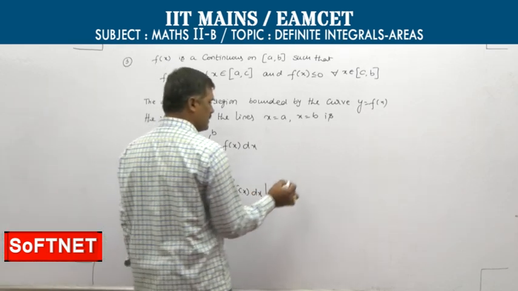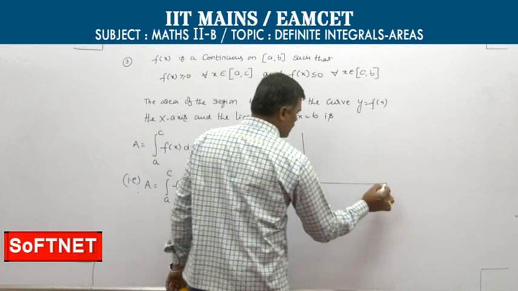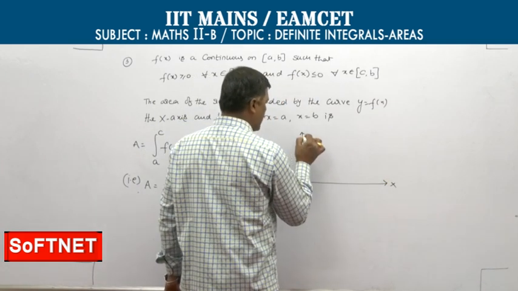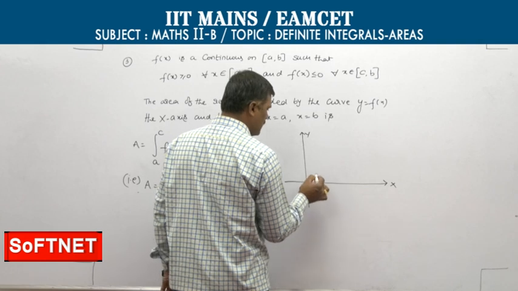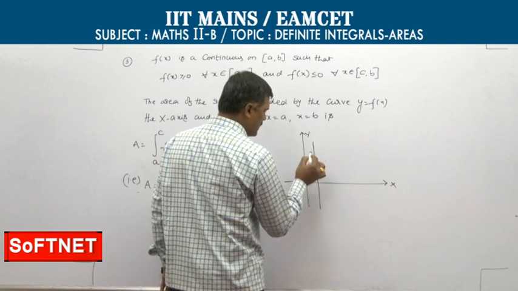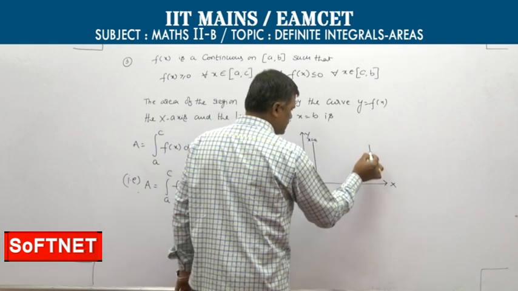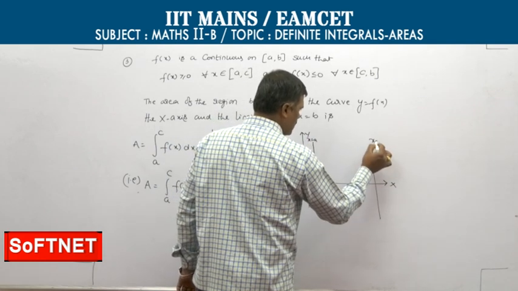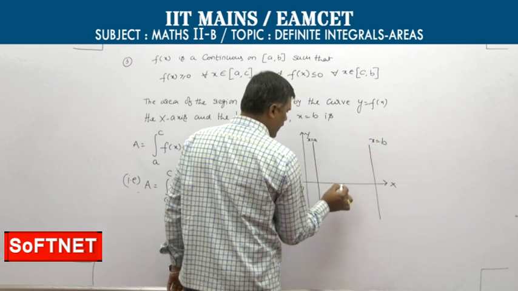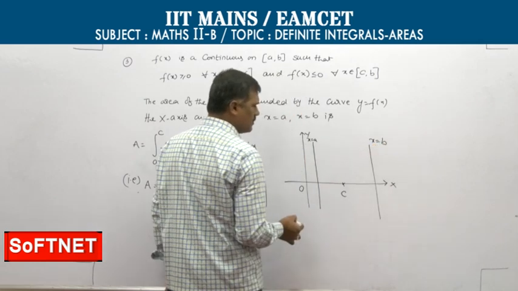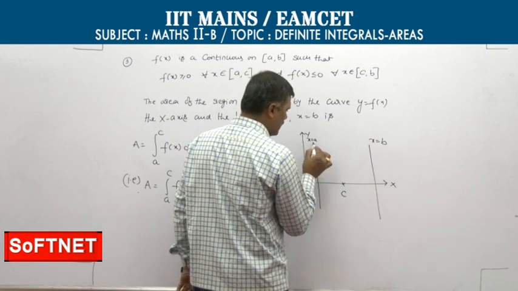So for this diagram, x-axis, y-axis, and it is the origin, x is equal to a and this is x is equal to b, and there exists a c belongs to closed interval a b.